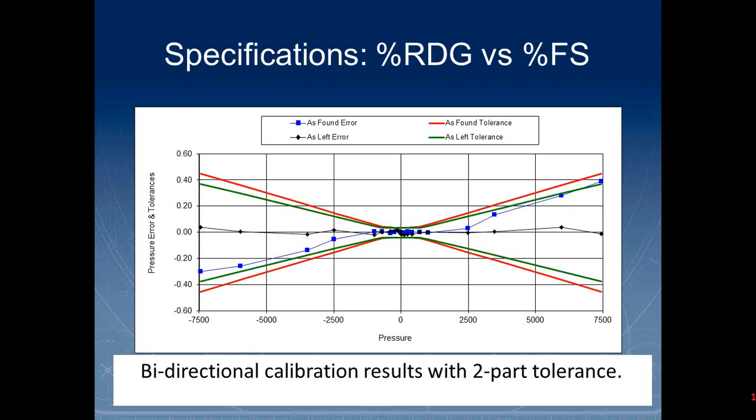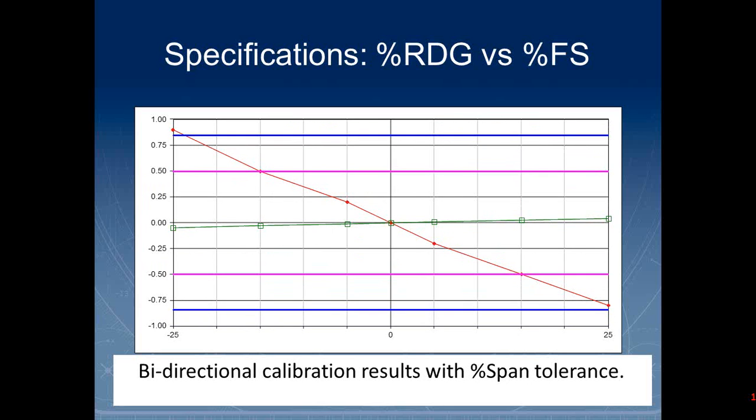So the as-found readings, the blue boxes, were across the short-term limit but within the drift allowance. So it's operating normally but needs to be adjusted, and then the as-left calibration showed that it was adjusted back to nominal.